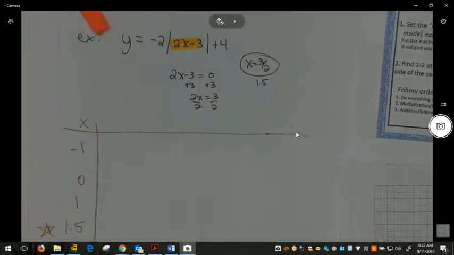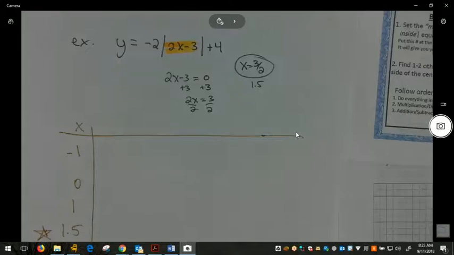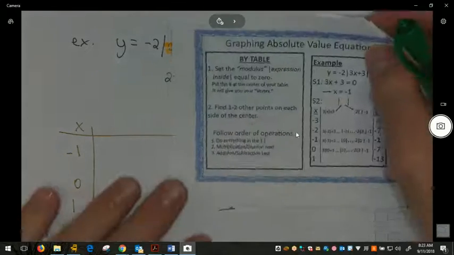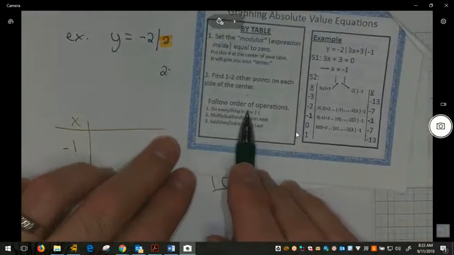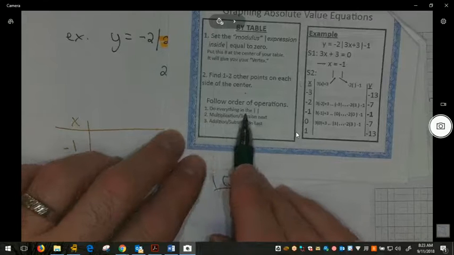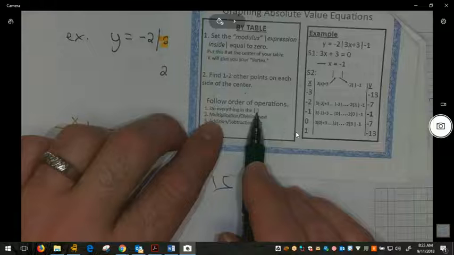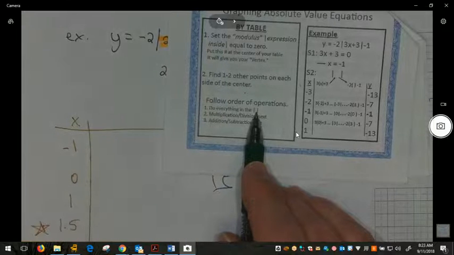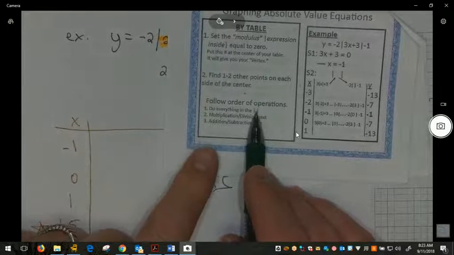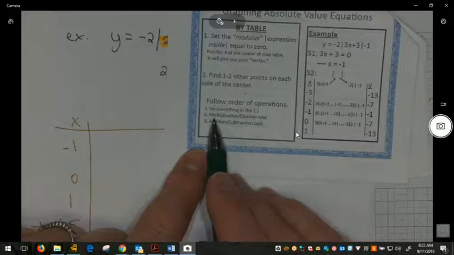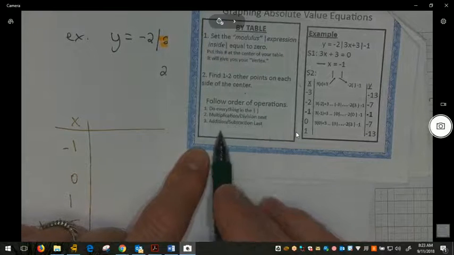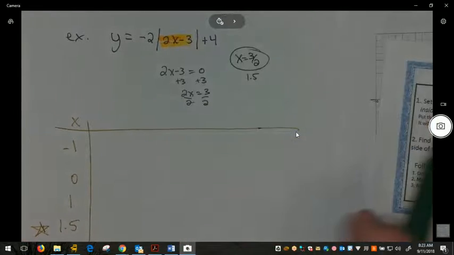as our x-coordinate. Now, when you go to graph an absolute value equation, you're going to follow the order of operations. You do everything inside the absolute value symbol first. So you basically plug these numbers into the modulus first. Then you take the absolute value, and then you deal with multiplication and then addition and subtraction outside.